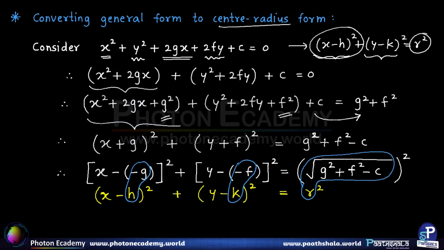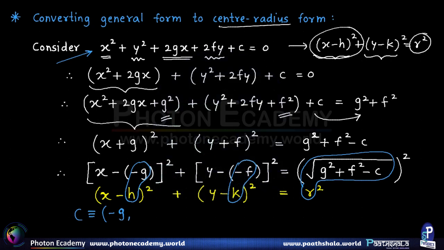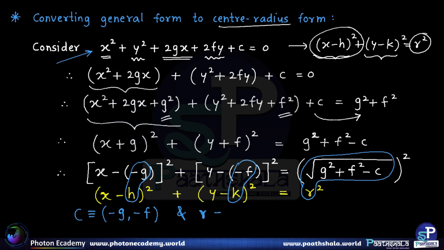So therefore looking at the general equation, we can directly write down what is the center, right? So that center is nothing but, in the original equation it was h comma k, so here in the general form, that means taking the coefficients from the general form, the center is at nothing but minus g comma minus f, and radius is nothing but square root of g square plus f square minus c.